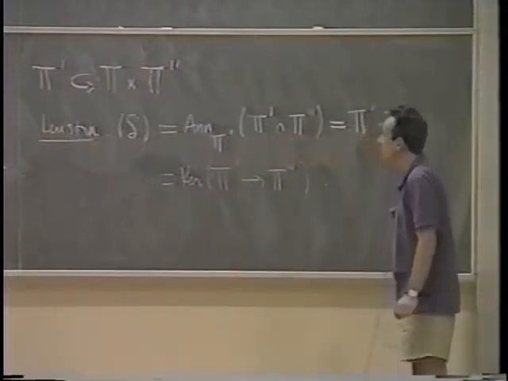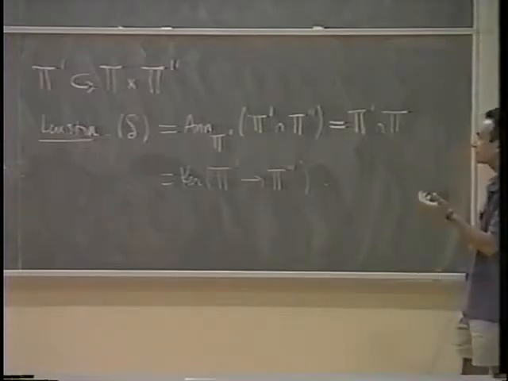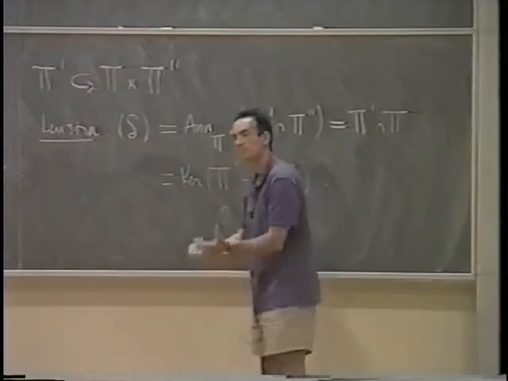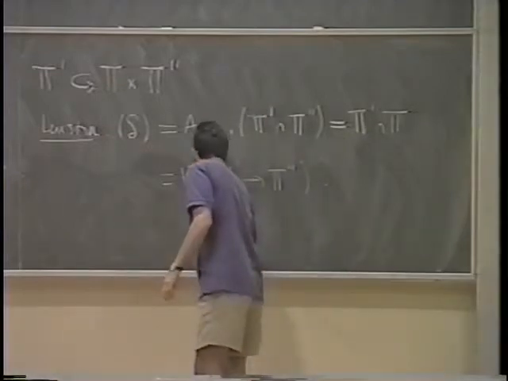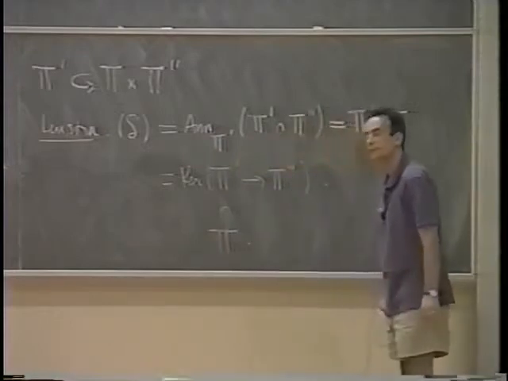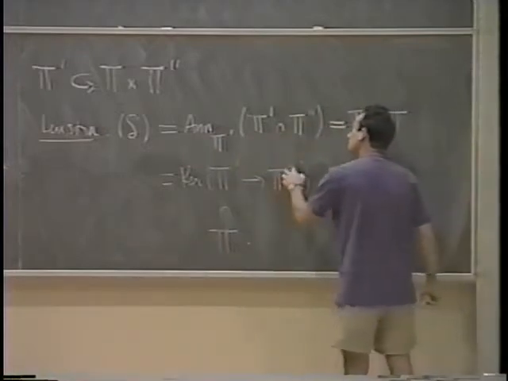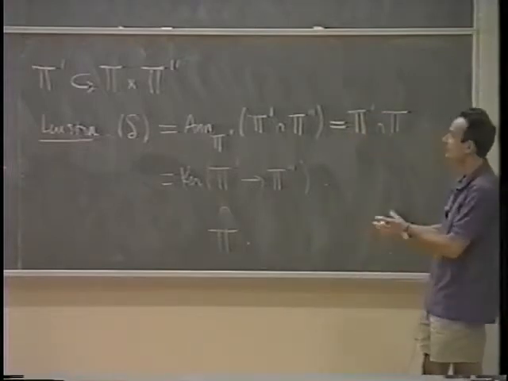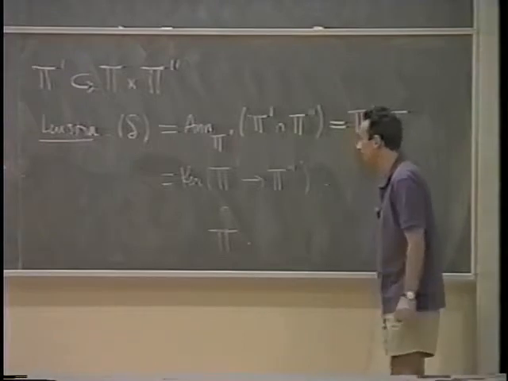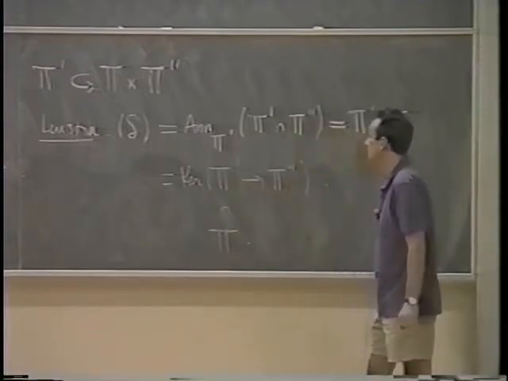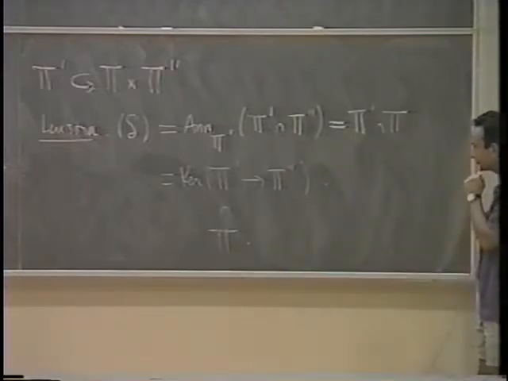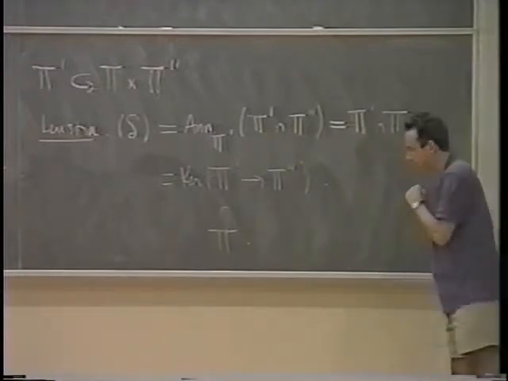Now, that kernel can be thought of either in T prime, or you can think of it with no loss of information as an ideal in T. The reason for that is that if you have an element of T prime which is inside T double prime, which vanishes in T double prime, if it vanishes also in T, then it's 0. So anything in this kernel is in this intersection, and this intersection can be thought of as an ideal either in T or in T double prime.